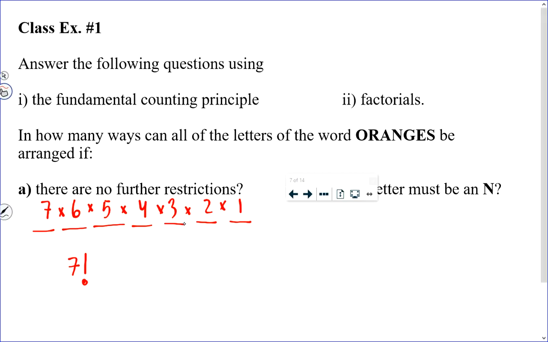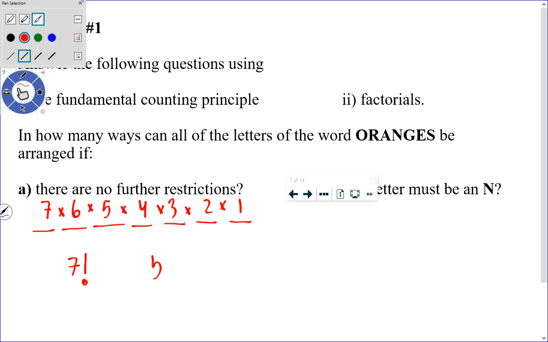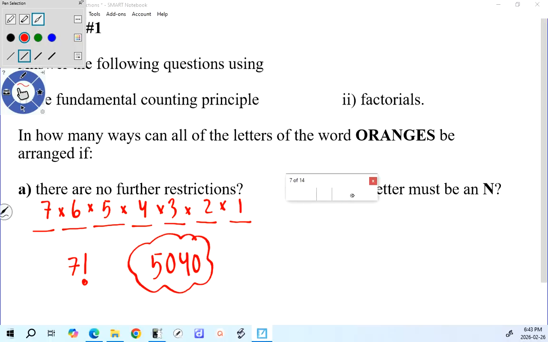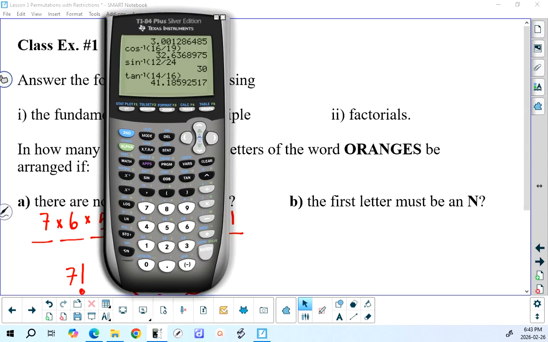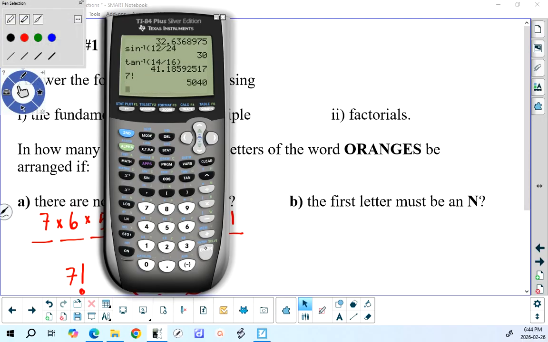I'm pretty sure the answer is 5,040, but I'm just going to pull up my calculator and make sure. 7 factorial. Yep, 5,040.